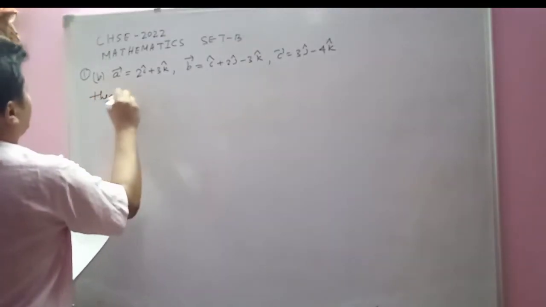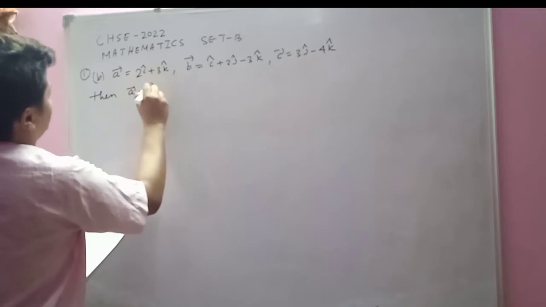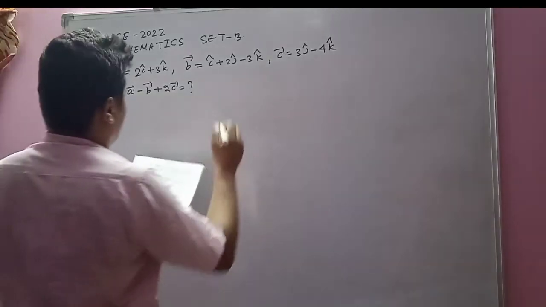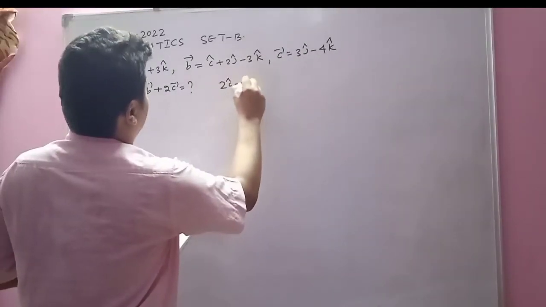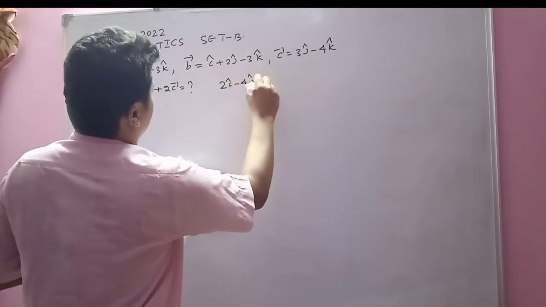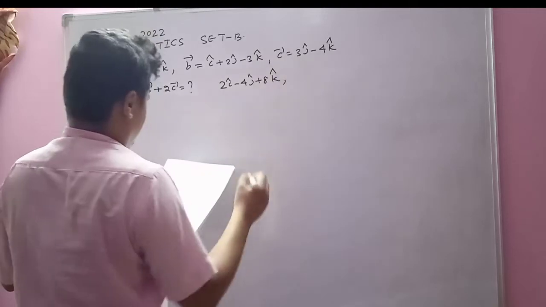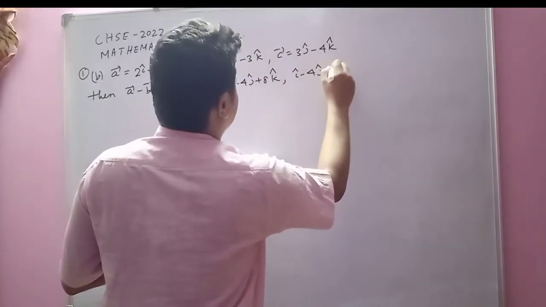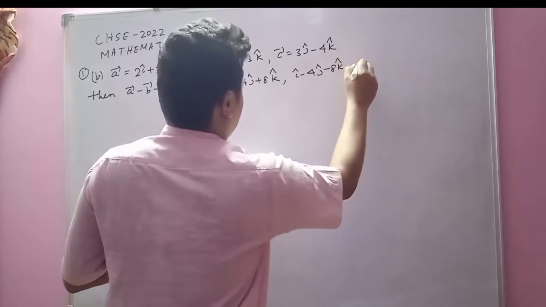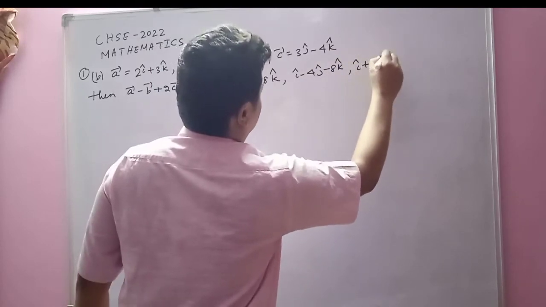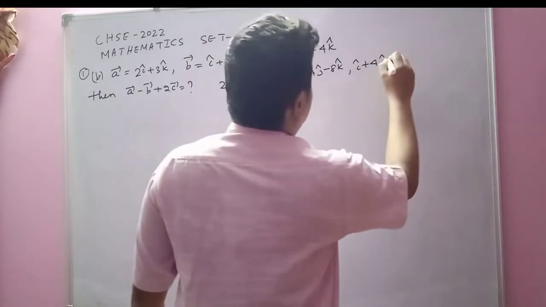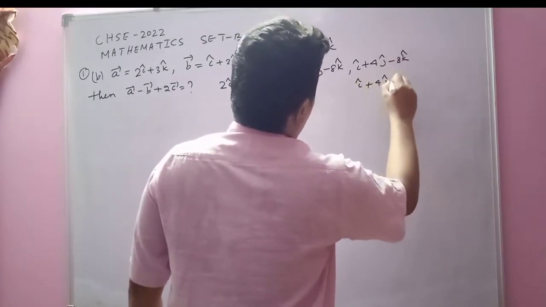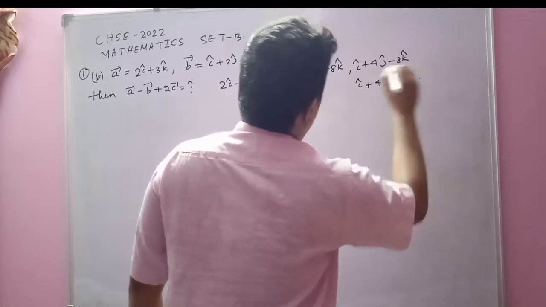A minus B plus 2c equal to, options: 2i cap minus 4j cap 8k cap, i cap minus 4j cap minus 8k cap, i cap plus 4j cap minus 8k cap, i cap plus 4j cap plus 8k cap.